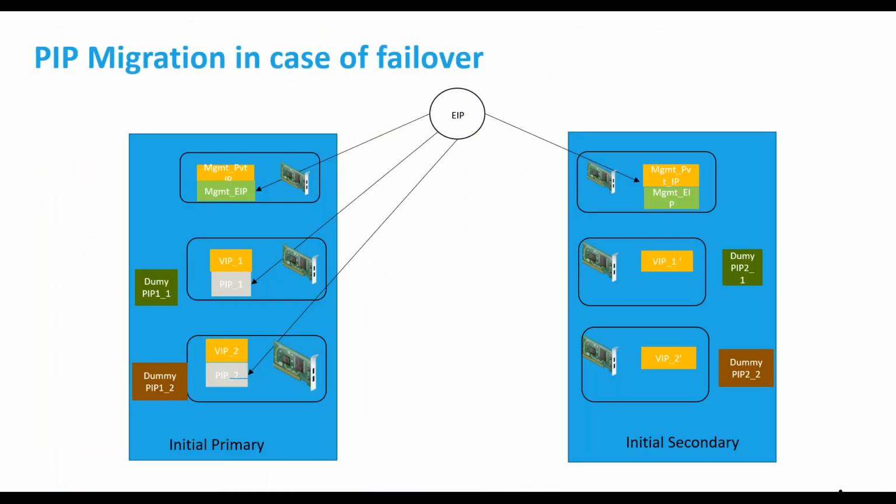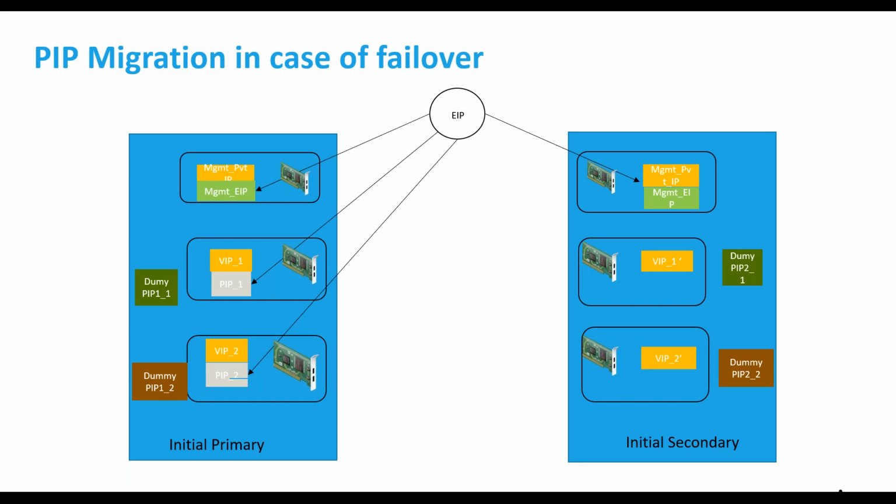So this is how the failover looks. Let's say you have a public IP assigned on the left side, you see a management EIP. Also, a public IP is assigned to PIP1, which is an LB vserver. And one more EIP is assigned to VIP2, which is a private IP2.